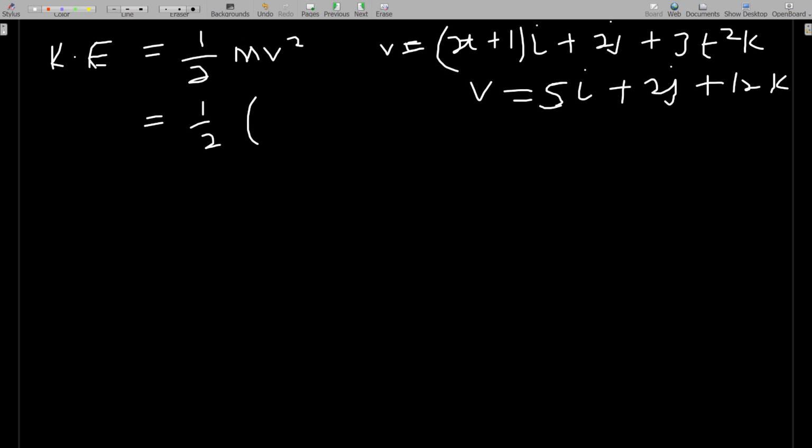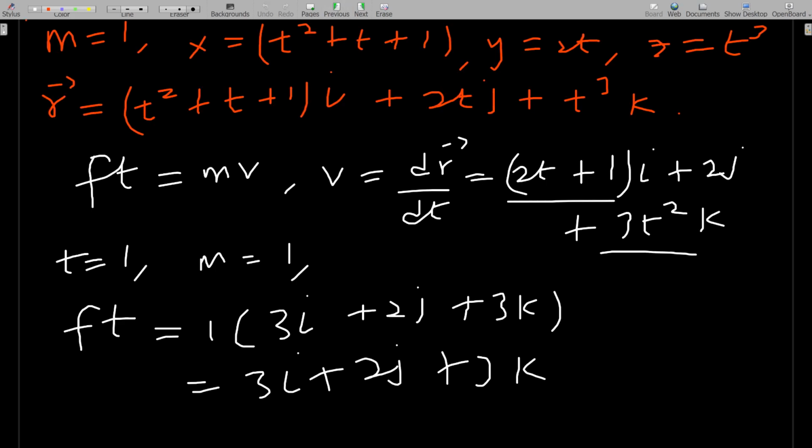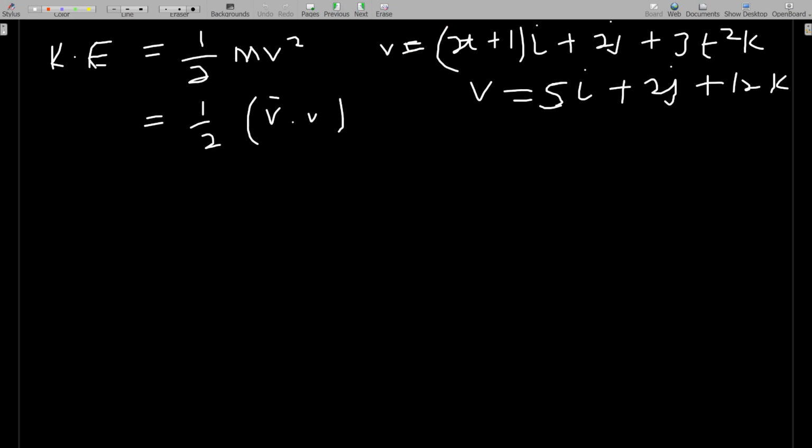Then my v squared, like I said, is just v dot v, and the mass, we said, is equal to 1. You pick your calculator and simplify. v dot v is just 5 squared plus 2 squared, which is 4, plus 12 squared, and that is 173.